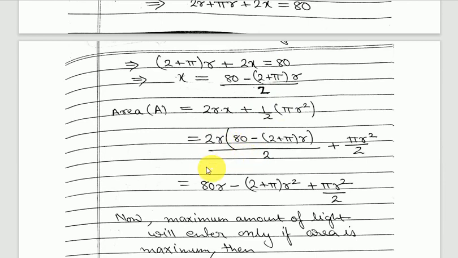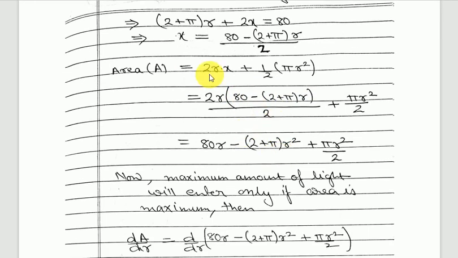Here you can see that we have got this expression in terms of r as well as x, but I told you that the expression of area should involve only one variable.